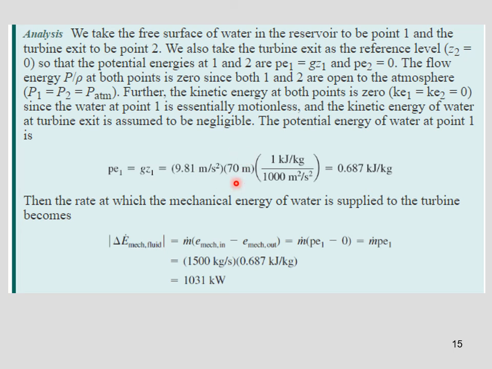It's 70 meters, so it's g times z, and we convert this, using our conversion factor, to energy per unit mass. Then the rate of mechanical energy supplied to the turbine is just m dot times this small e that we got from up here. We know the flow rate is 1,500 kilograms per second. We can plug in our 0.67, and we get 1,031 kilowatts.